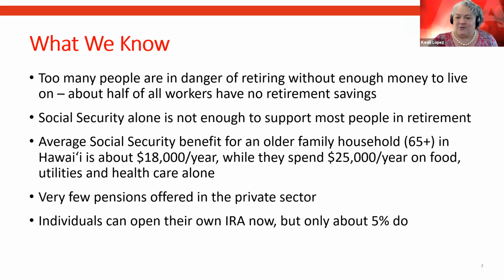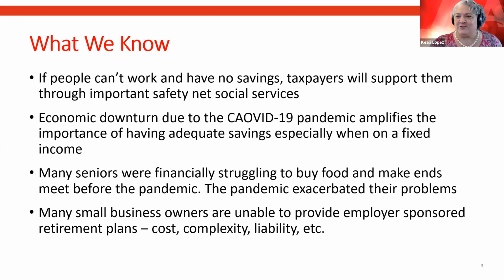What we also know is that many private sector businesses are no longer offering pensions. The other thing we know is that although individuals can open up an IRA now on their own, only about 5% of individuals actually do.